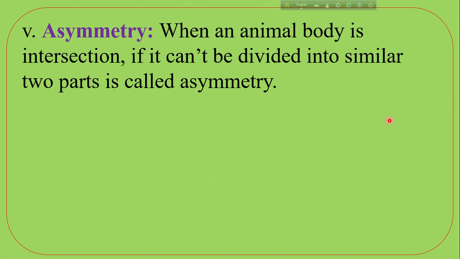Asymmetry. When an animal body is in intersection, if it can't be divided into similar two parts, it is called asymmetry. That means symmetry is absent here. There is no symmetry in their bodies.